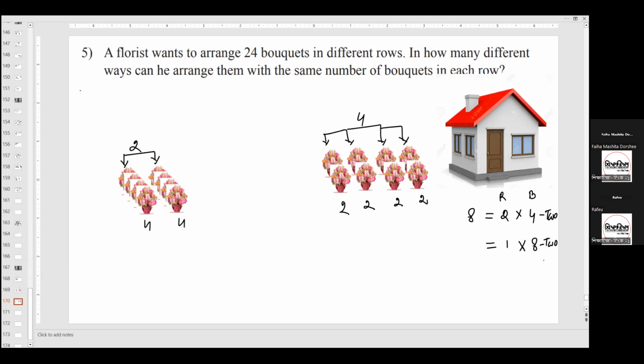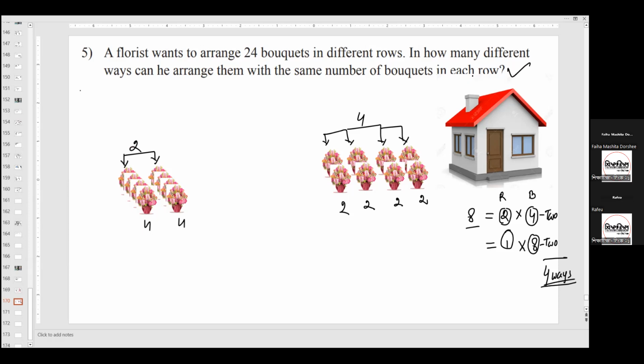So how many ways can I arrange the 8 bouquets? In 4 different ways, right? How many factors of 8 are there? 4, right? So if I have 4 factors, I will have 4 different ways to arrange them, meeting the condition said here, right? বুঝতে পারছি বিষয়টা?